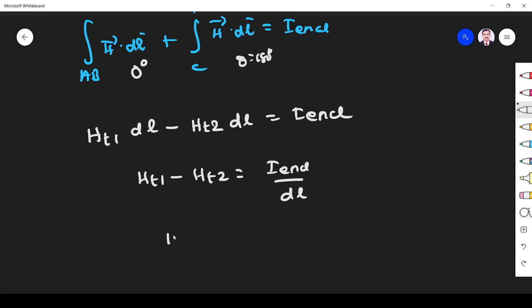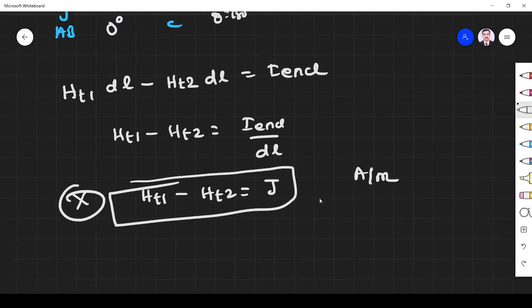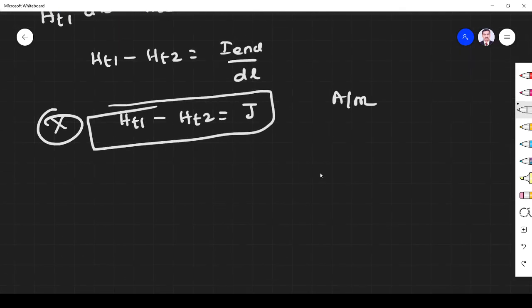Current per unit length is the current density. So Ht1 minus Ht2 is equal to the current density, in ampere per meter. We know current is in ampere and dl is a length in meters, so ampere per meter. H also has a unit of ampere per meter, so it is matching perfectly, right? So what are we understanding from this? Ht1 is not equal to Ht2. Only if they were equal would it be continuous. Here Ht1 minus Ht2 is some J. If Ht1 equaled Ht2, then Ht1 minus Ht2 would be 0, meaning they are continuous because both have the same value.